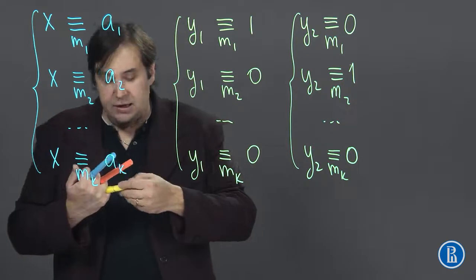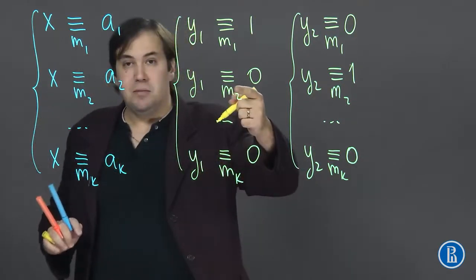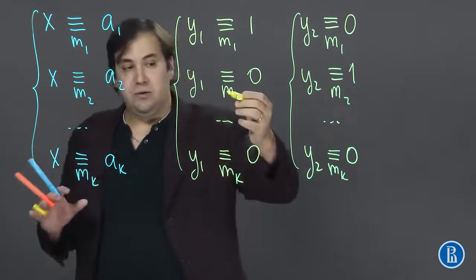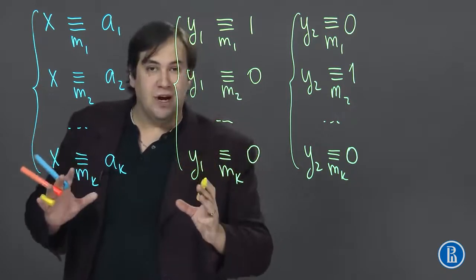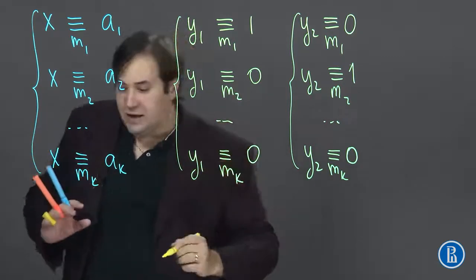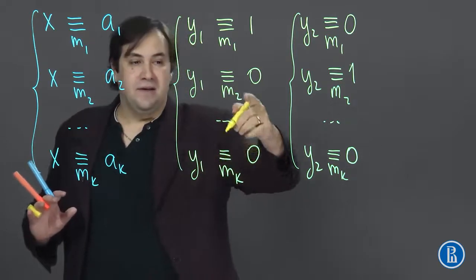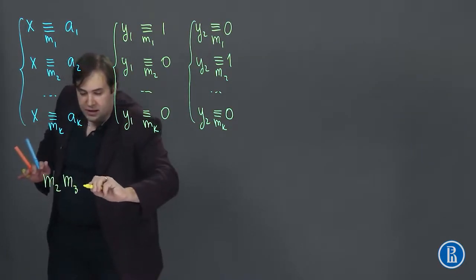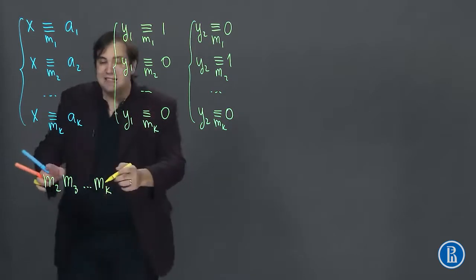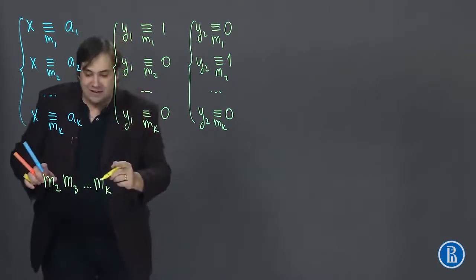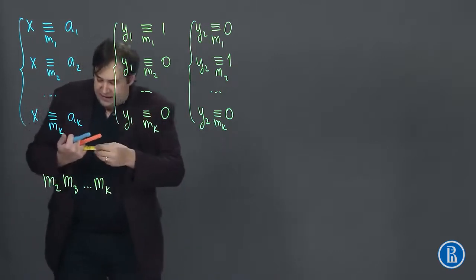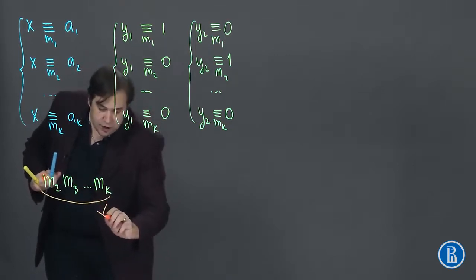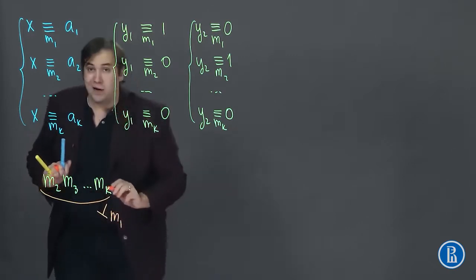First of all, notice that y1 should be divisible by m2, m3, and so on, mk. Since m2 and so on, mk are pairwise mutually prime, y1 must be divisible by their product. Let's write this product down: m2, m3, and so on, mk. This is something y1 must be divisible by. And we understand that this product is mutually prime with m1.